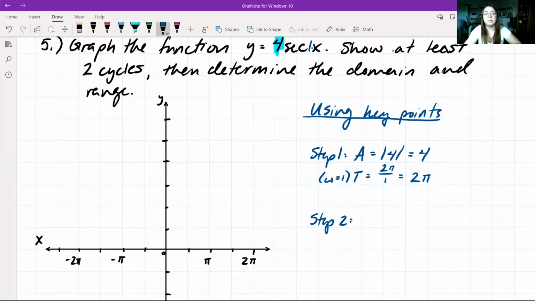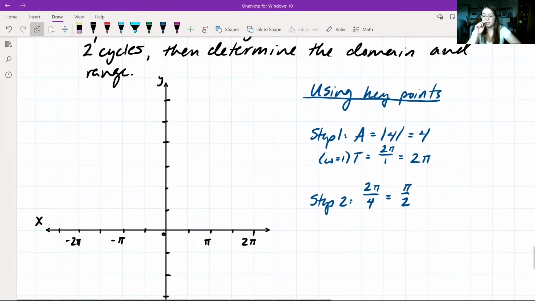Step 2 here, we want to divide our period into 4 equal subintervals. So we take our period, divide by 4 to get pi over 2. So each one of our subintervals has to have a length of pi over 2. So let's go ahead and look at between 0 and 2 pi.